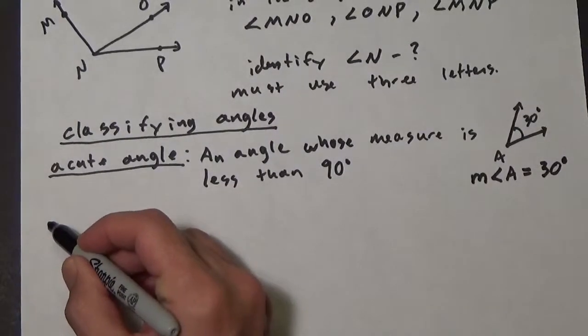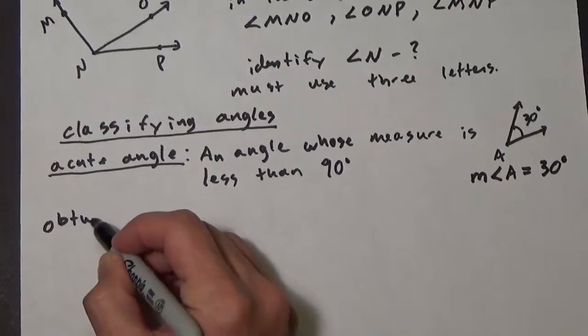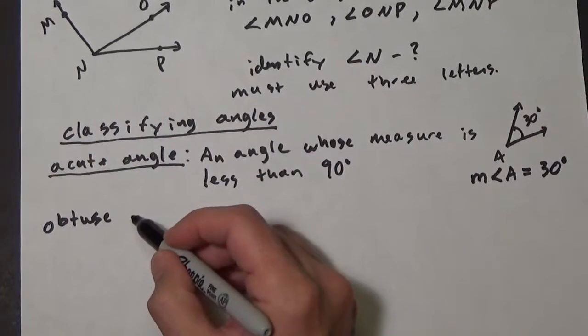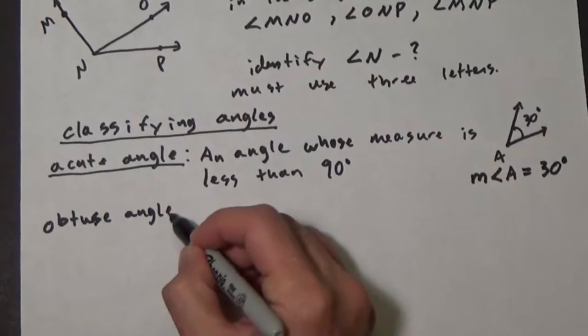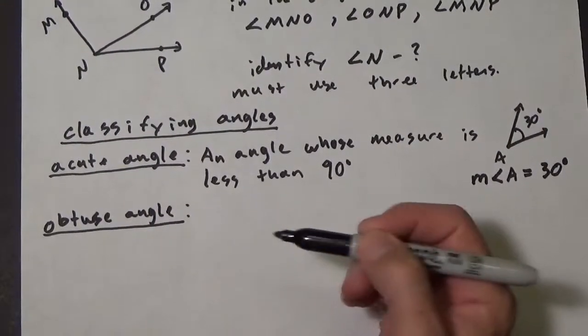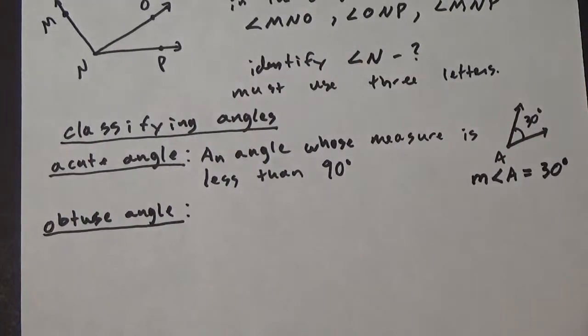The next one is an obtuse angle. An obtuse angle is an angle whose measure is greater than 90 degrees.